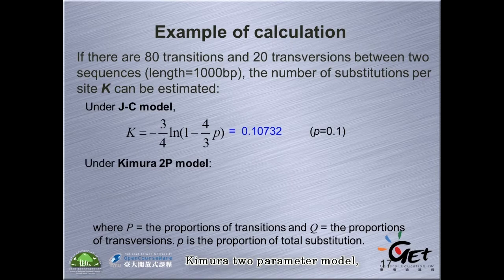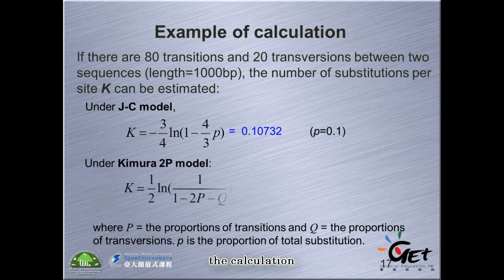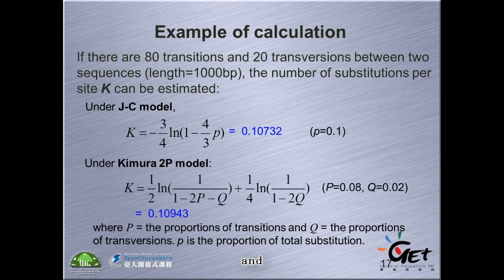Under the Kimura 2 parameter model, you can just add it up: P equals 0.8% and Q equals 0.02, and K is equal to 0.10943. And the 2K under the two different models is actually very similar.